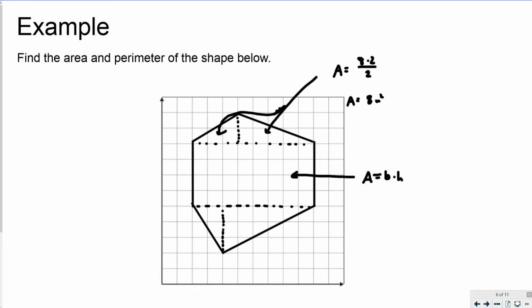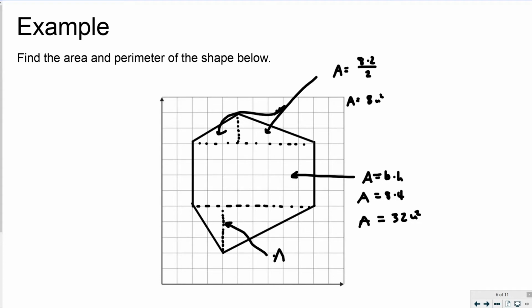And base times height here would be, I know that there is a base of 8 and a height of 4, because I can count the 8 squares again and a height of 4. So that the area is 32 units squared.